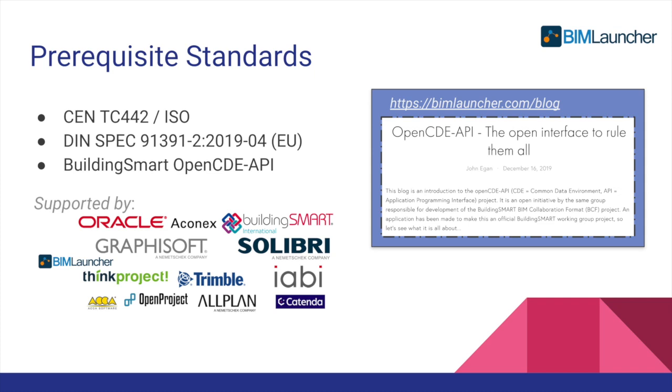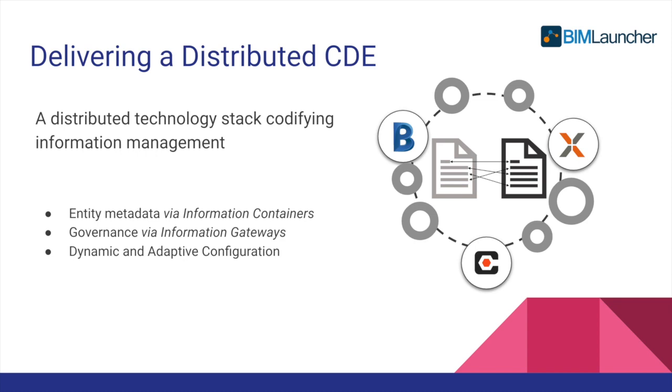So how do we deliver a distributed CDE? What does it require if those standards don't meet the requirements of the industry today? What are the kind of things that we need to be thinking about? And what we need is a distributed technology stack that can codify the information management between respective systems.